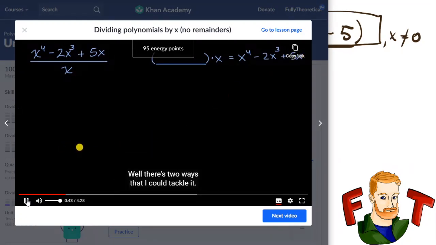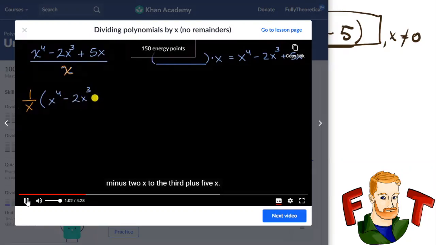Now, how do I approach that? Well, there's two ways that I could tackle it. One way is I could just rewrite this expression, and I will make this x in yellow so I can keep track of it, as 1 over x times x to the fourth minus 2x to the third plus 5x. And then I can distribute the 1 over x.